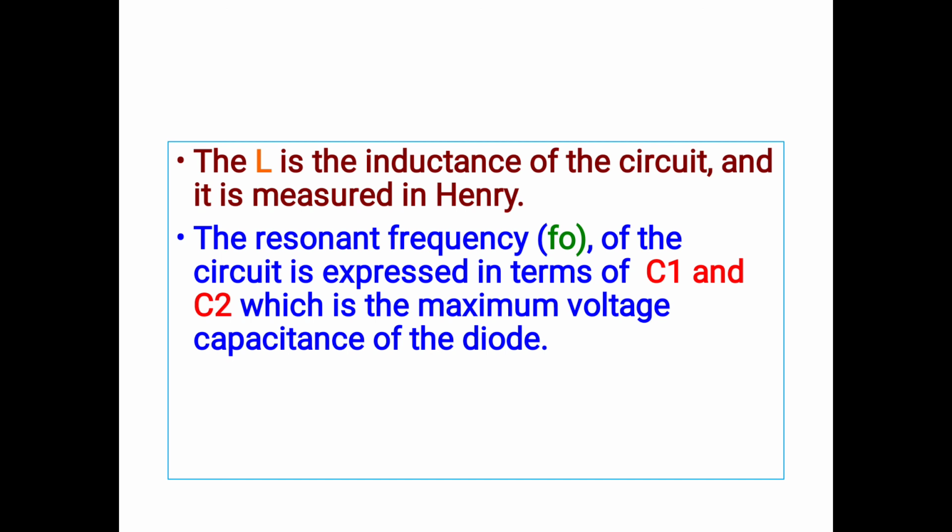In the above circuitry, L is the inductance of the circuit, and it is measured in Henry. The resonant frequency F0 of the circuitry is expressed in terms of C1 and C2, which is the maximum voltage capacitance of the diode. So this is the working of the practical circuit of the varactor diode.